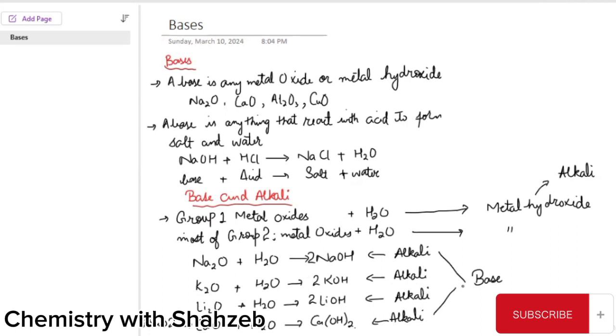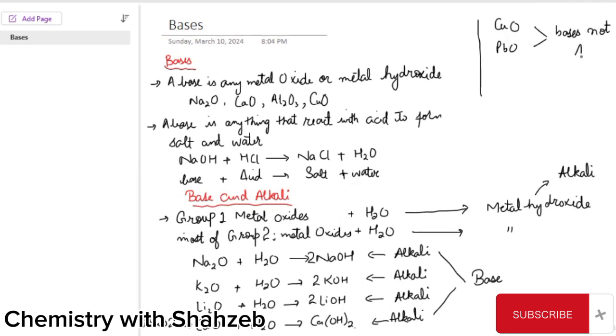But on the other hand, there are some metal oxides, for example copper oxide, which belongs to the transition metal copper, and other metal oxides like lead oxide. They are only bases, but not alkalis.